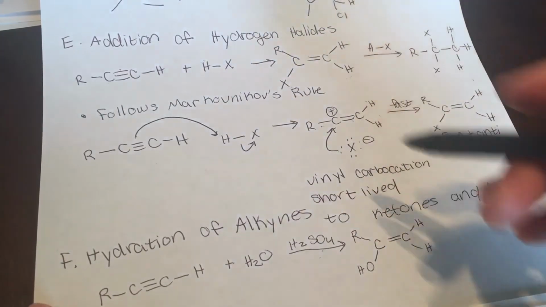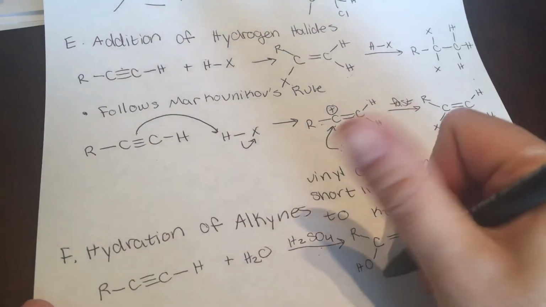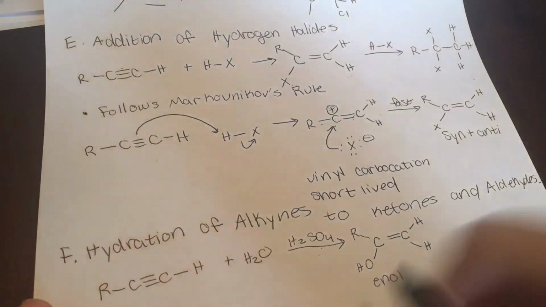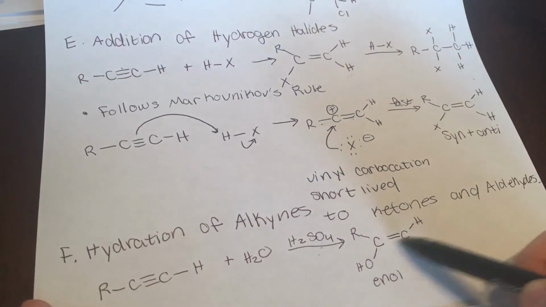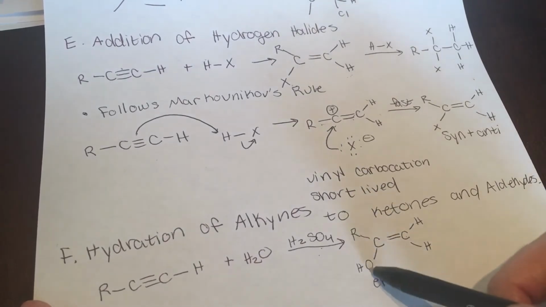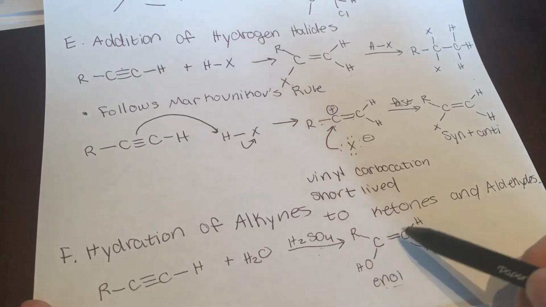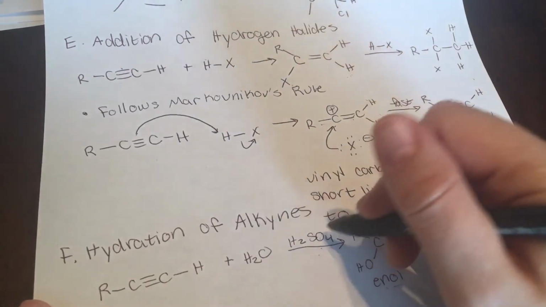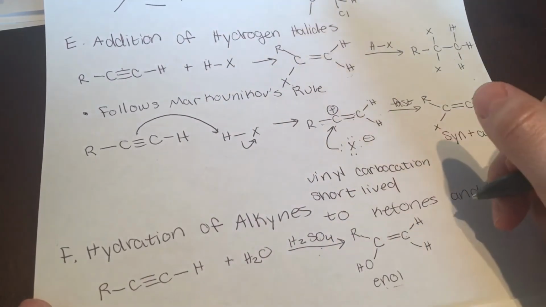However, this is called an enol. Enols are very short-lived. The name enol comes from ene, as in alkene, because you have a double bond here, and ol from alcohol. So an enol is an alcohol on an alkene. They're very short-lived, and in the presence of acid or base, they do what's called tautomerization.